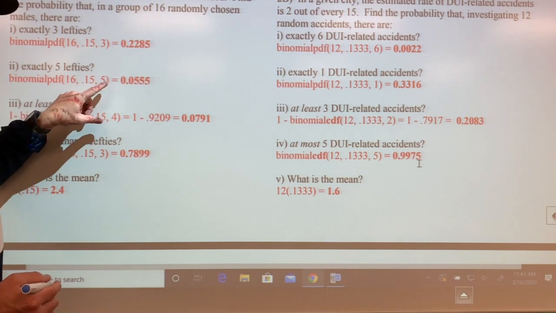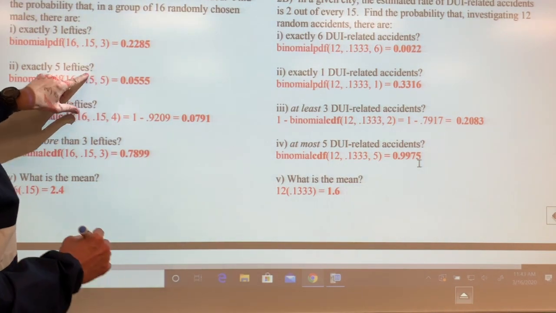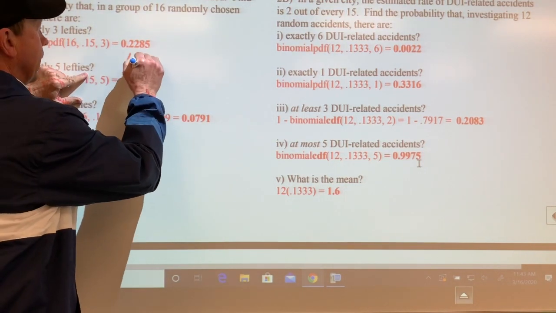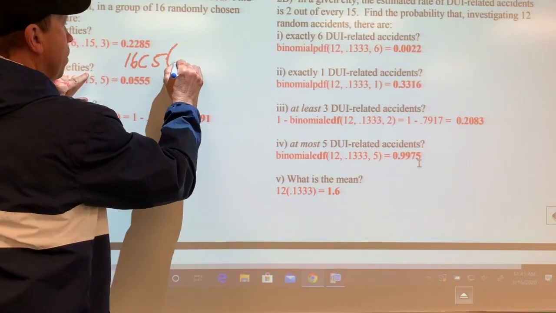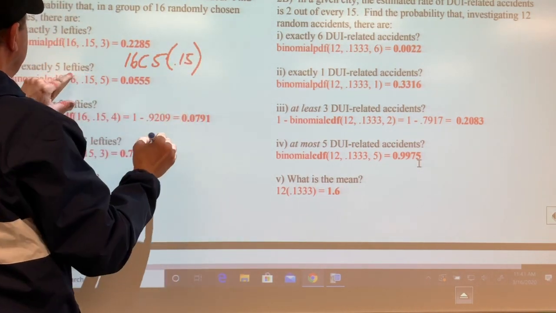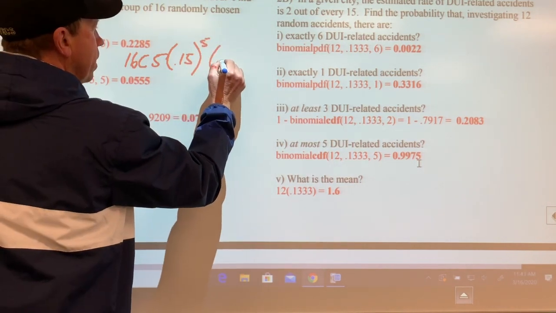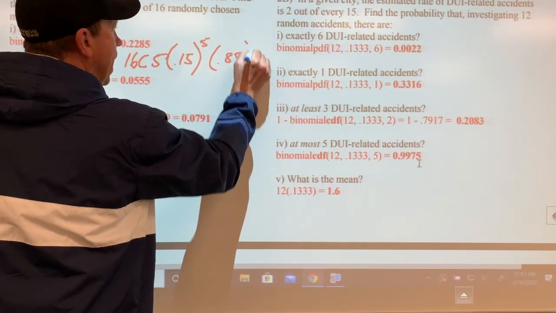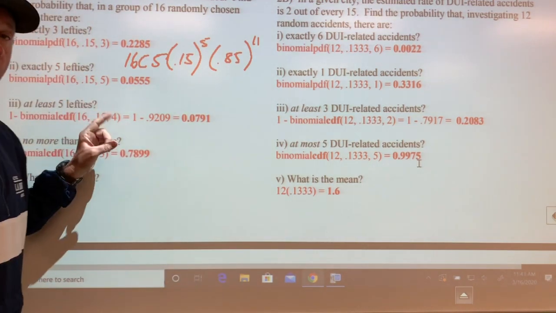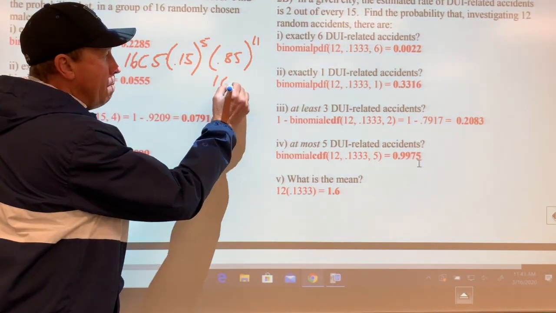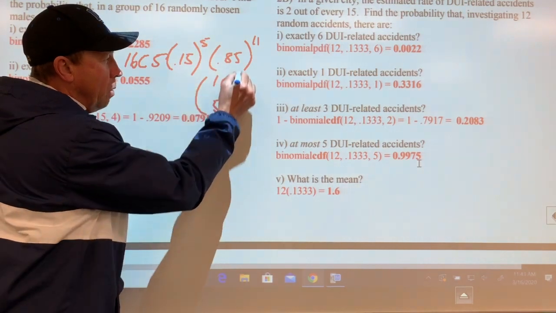Okay, exactly 5 lefties, no problem. Exactly 5 lefties will be 16 choose 5 times 0.15 to the 5th times 0.85 to the 11th. Okay, pretty simple. Of note, sometimes the AP test does it this way.